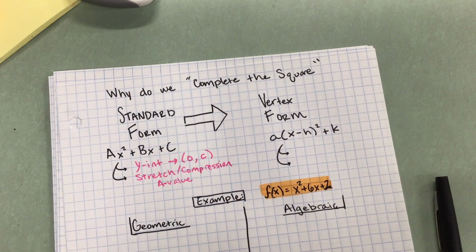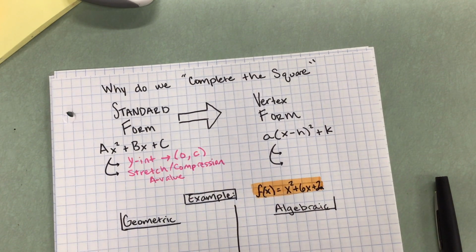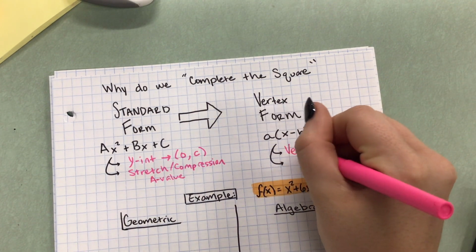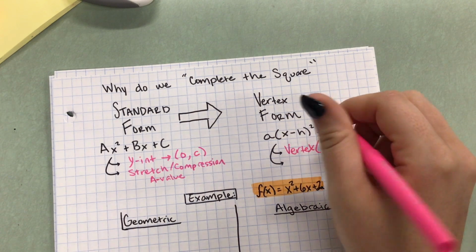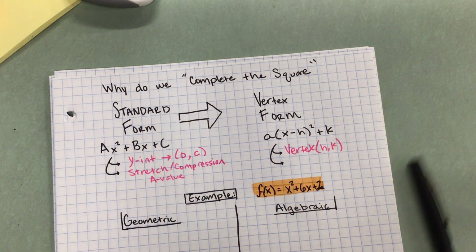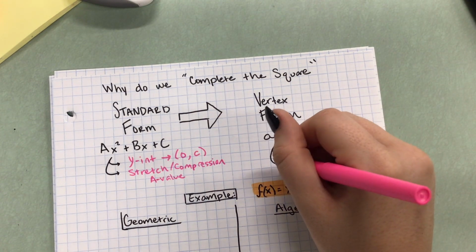Now, vertex form, it tells us a little bit more. Well, by its title, we know it tells us that it's vertex, or HK. It also tells us our stretch and compression.